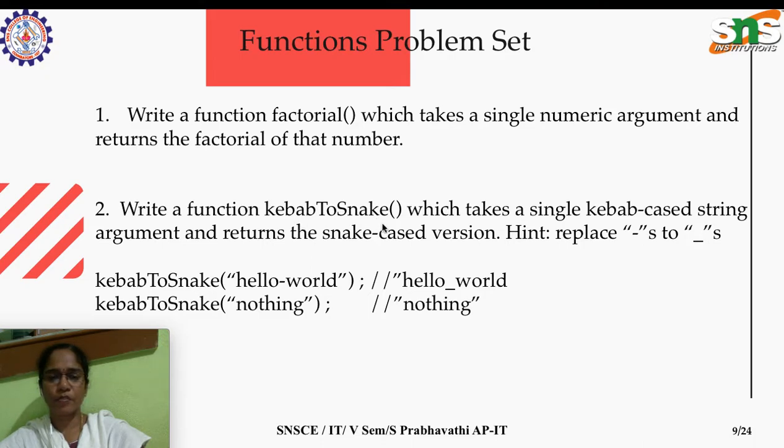Write a function kebab to snake, it's the function name. It takes one argument. If that argument has a hyphen, convert that hyphen into an underscore, so replace the hyphen with an underscore. That's the logic behind this program, you just practice it.